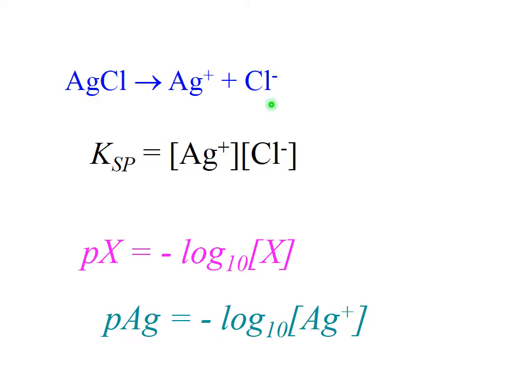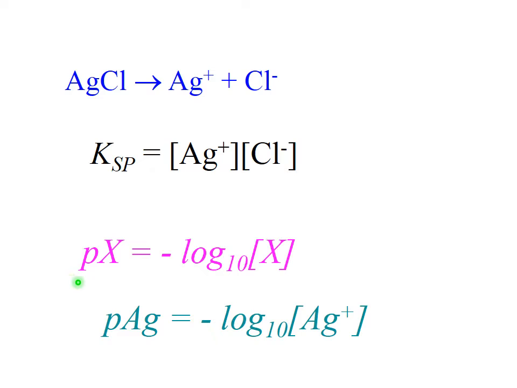When we write the reaction, for it we can write the solubility product constant, which will be the concentration of Ag+ multiplied by the concentration of Cl-. We are not looking at the concentration of AgCl because silver chloride is a pure compound and it's solid, it's in a separate phase.